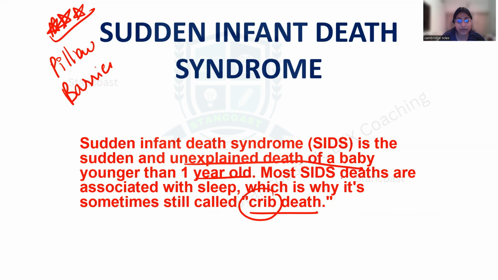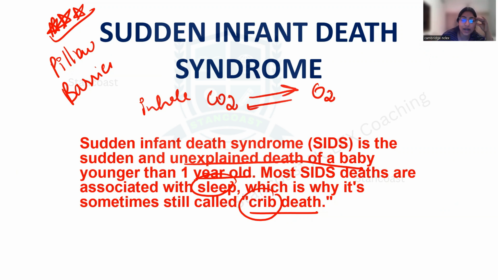Most sudden infant deaths are associated with sleep, which is why it is sometimes still called crib death. So what happens here, due to the placing of pillows or any kind of blankets in the crib of the baby, what occurs? The baby inhales his own carbon dioxide. So there is not a proper exchange of oxygen and carbon dioxide in the environment.